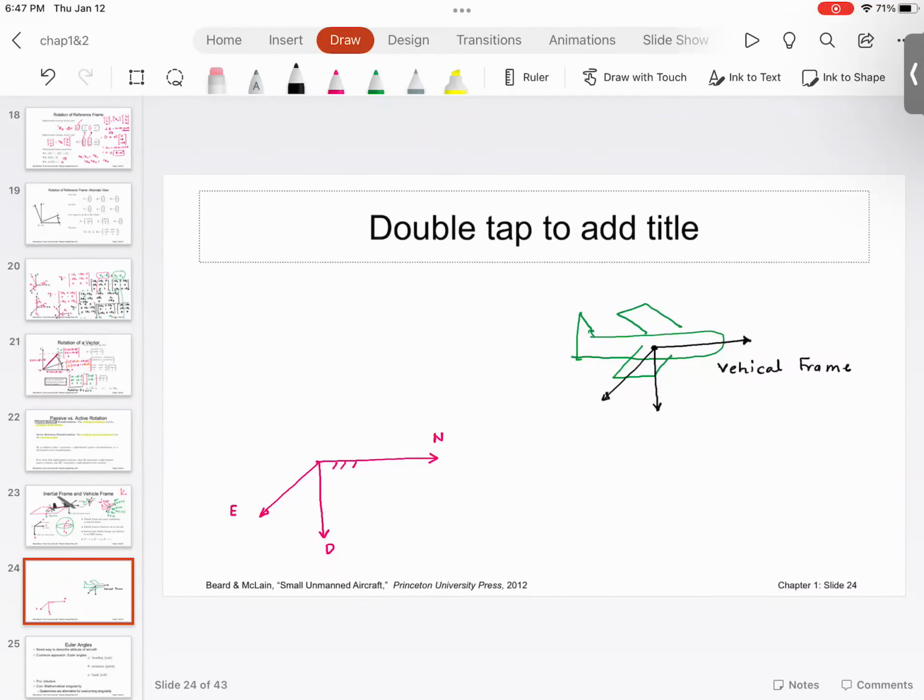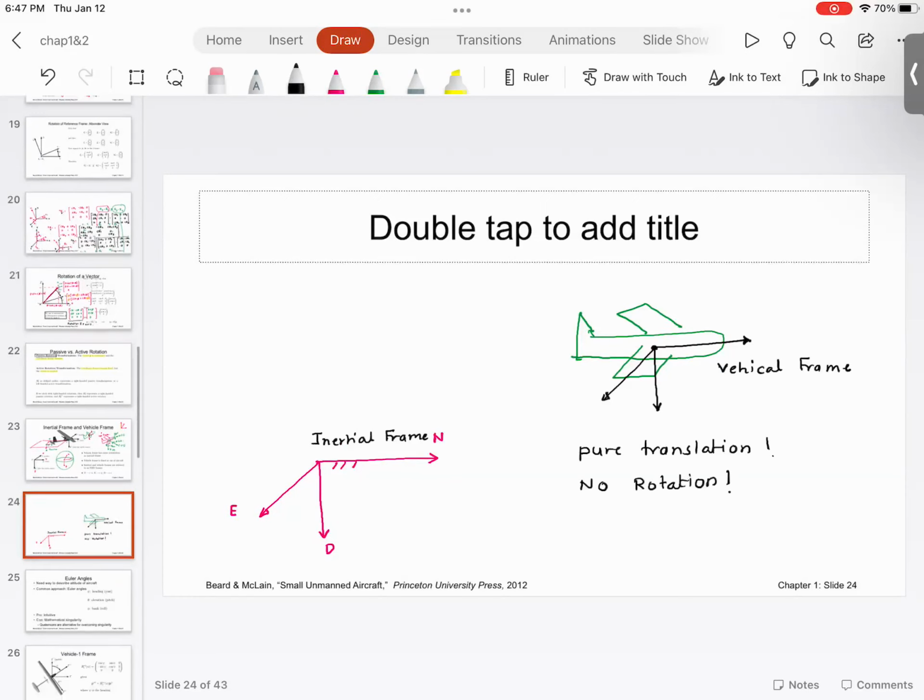It is absolutely important to note that between the vehicle frame and the inertial frame there is only pure translation. No rotation. Are you with me so far?